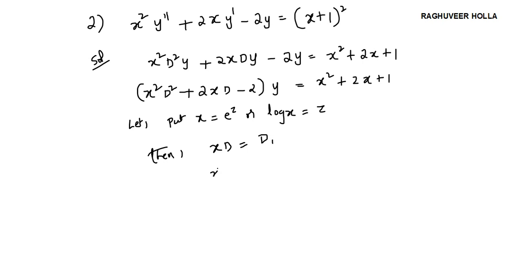So x square d square should be d1 into d1 minus 1. Okay, let us substitute all those things which I have mentioned. So that would be d1 into d1 minus 1 for x square d square, and for xd it is 2 times d1 minus 2 multiplied with y.